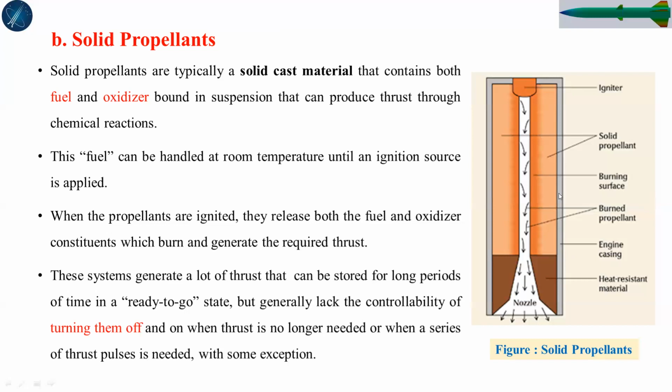There is the metallic engine casing here, and heat resistant material. Here there must be heat resistant material. Why? Because a kind of erosive burning takes place here, so in order for the casing or the nozzle to survive the heat, we use heat resistant material. You know what heat resistant materials are from your materials point of view.